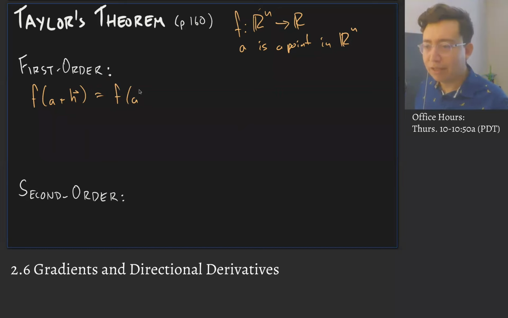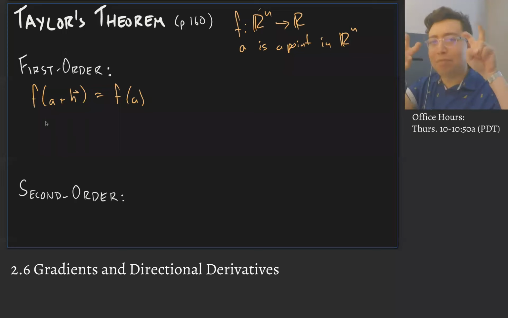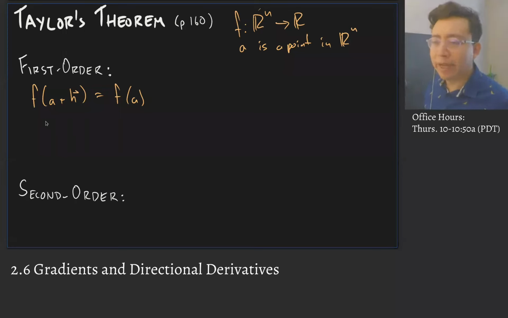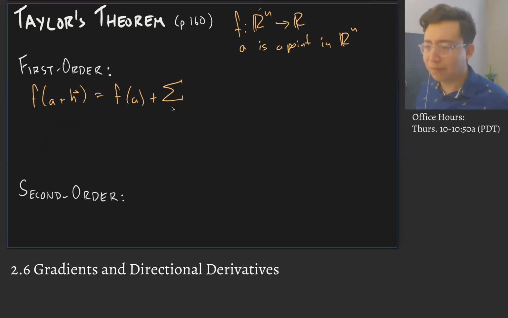Just like the linear approximation started with this a, our nice point in Rn, we're going to start by plugging this nice point in, and then we're going to add. I'm going to use sum notation. If you're scared of sum notation, I'm sorry, but this is the easiest way to get all of this information down.